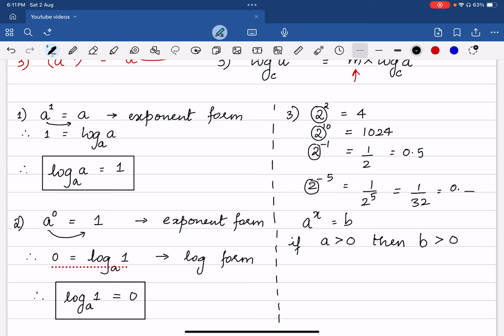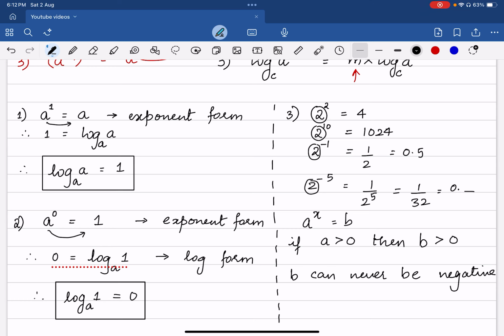In fact, we can say b can never be negative, irrespective of whatever values x takes.